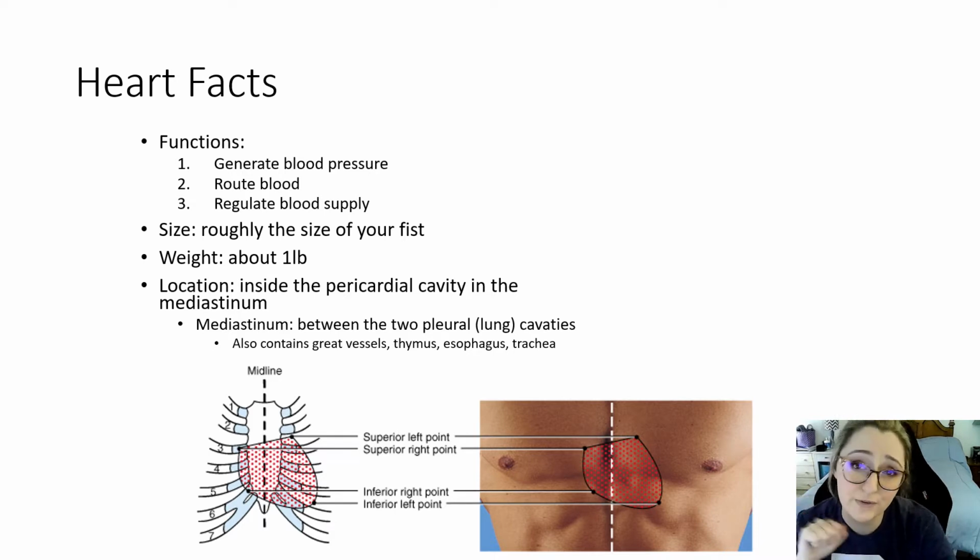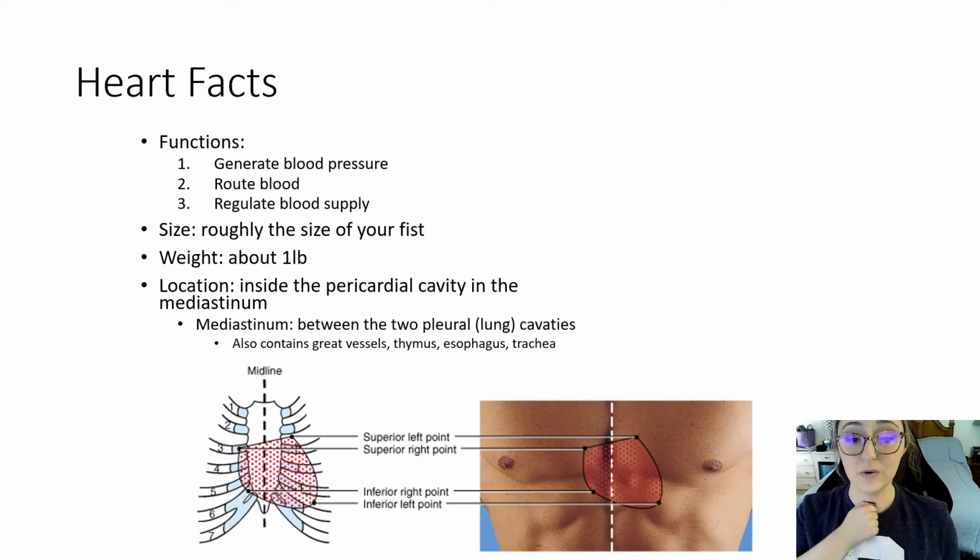Now, if you're biologically female like me, chances are you have a smaller hand than, say, a biological male. A biological male is typically going to be bigger than a female, and this means that heart needs to be bigger as well. Females have smaller hearts in general, but again, you can use the size of your fist as a rule of thumb, if you will, for how big your heart is.